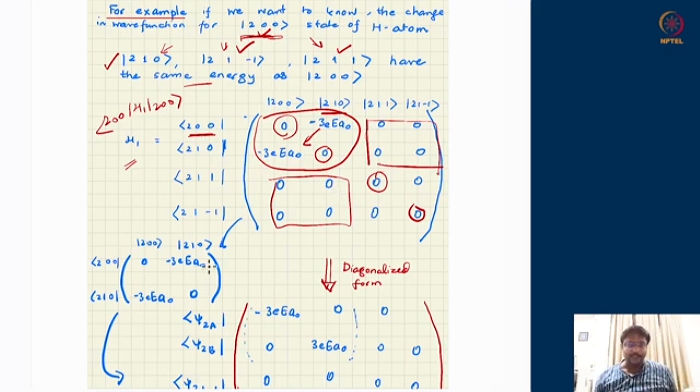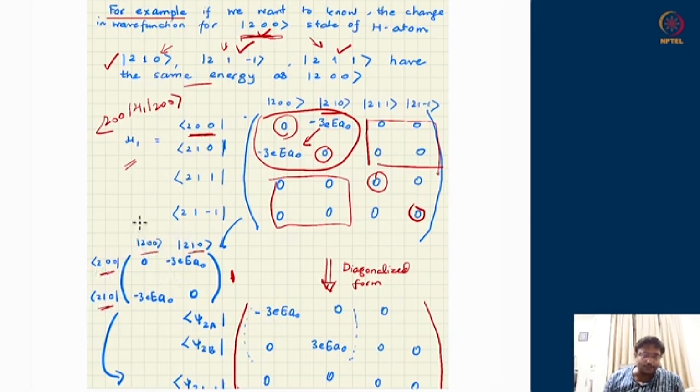So we can just focus on this two-dimensional subspace, where the perturbation Hamiltonian looks like this, and want to know if we can diagonalize it. The 200 and 210 basis does not diagonalize it.